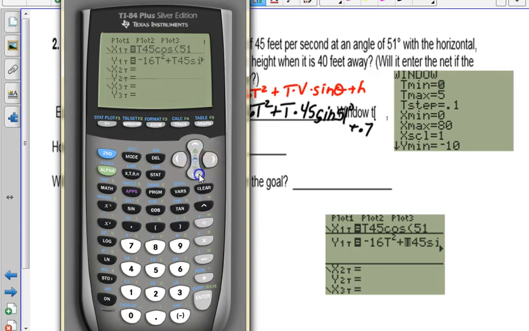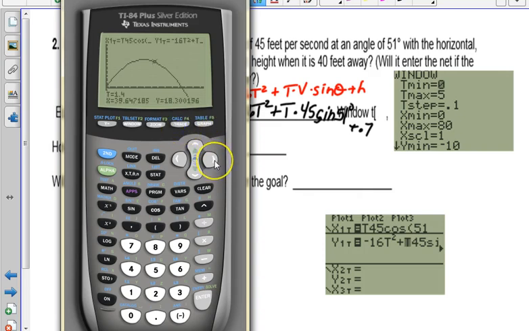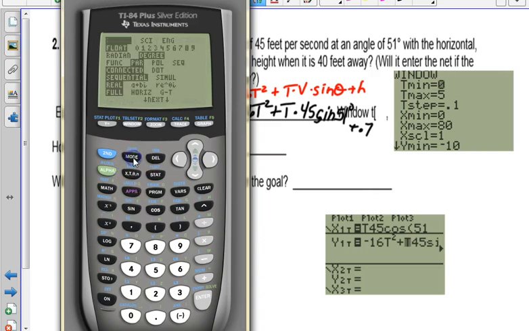T 45 cosine 51 negative 16 t squared plus T 45 sine 51 plus 0.7. So what's your T value? All right, well, clearly something is wrong with mine then. Can someone see what I have typed in?